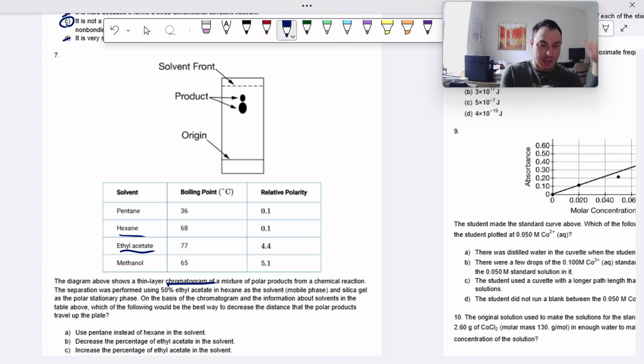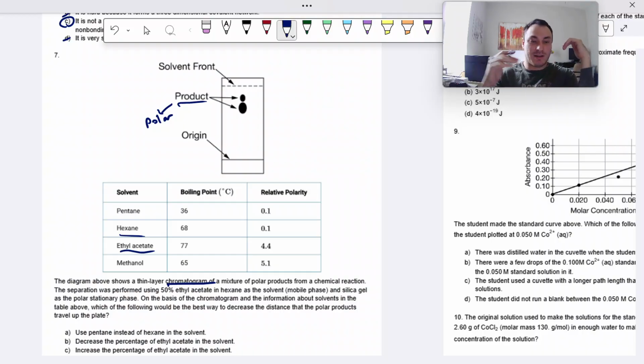So we're given that the product, it's almost a throwaway line, but that's actually really important. The product is very polar. So chromatography is very complicated. However, what we're looking for is whether the mobile phase, what's traveling up the paper, is polar or nonpolar.